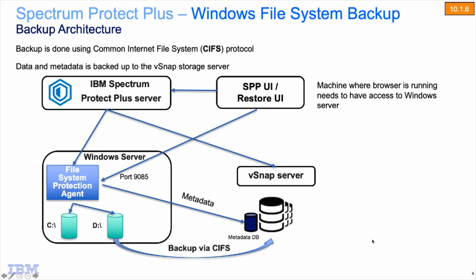Well, first, Spectrum Protect Plus is going to mount up the vSnap disk that you have the backup data stored on, and then bring up this restore UI and allow you to pick and choose the files that you want to restore to the Windows server. When you're through, that disk will be dismounted.